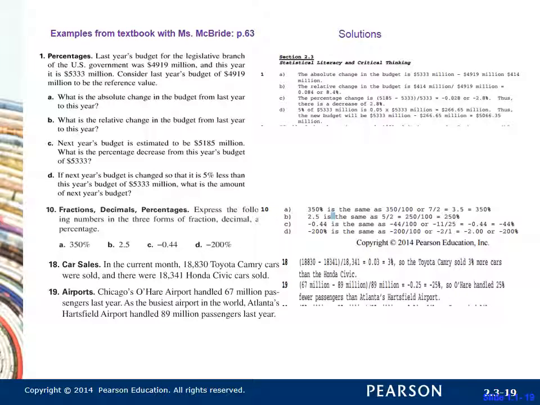All right, number 18, we have car sales. In the current month, 18,830 Toyota Camry cars were sold, and there were 18,341 Honda Civics sold. So I would want to, sorry, I had to go find the textbook and look at the directions.